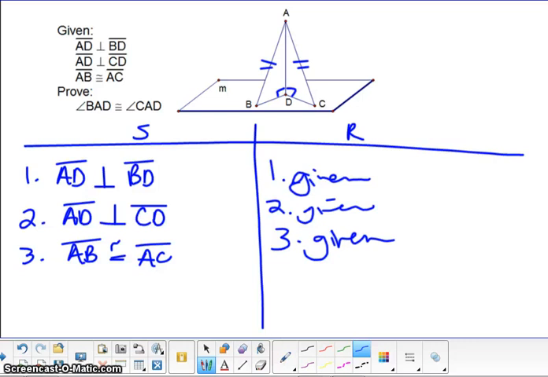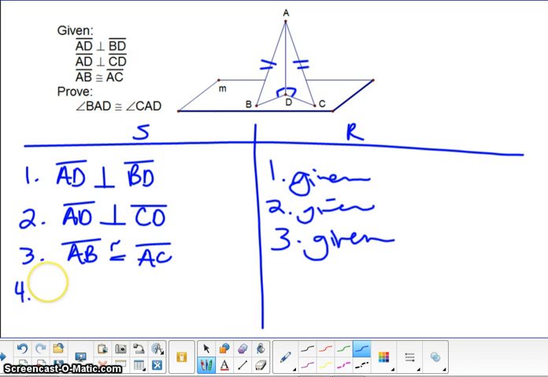And then decide how can we get BAD congruent to CAD. Well, we already know that we have congruent sides and we have right angles, so this is going to lead us to proving these triangles are congruent by RHL. So the next step would be saying that those are right angles.